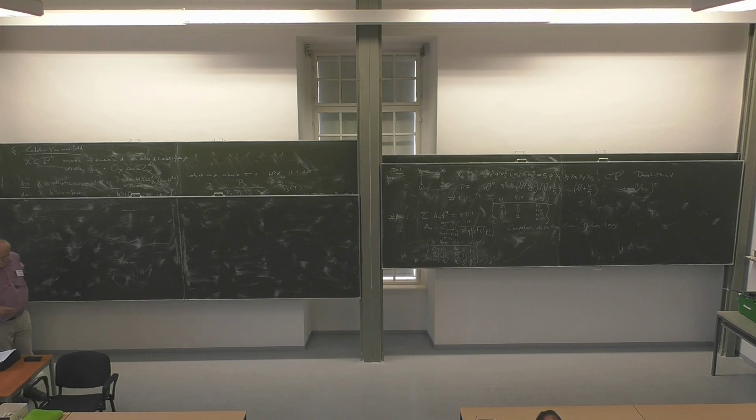polynomial P3. So what we do, we have a so-called Frobenius basis. Solutions normalized in a specific way.